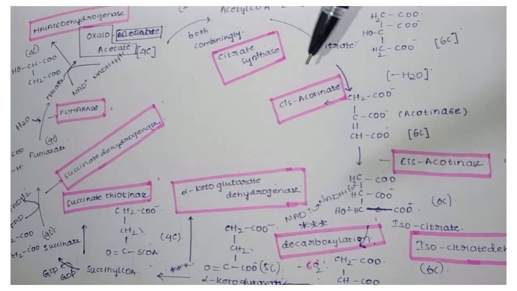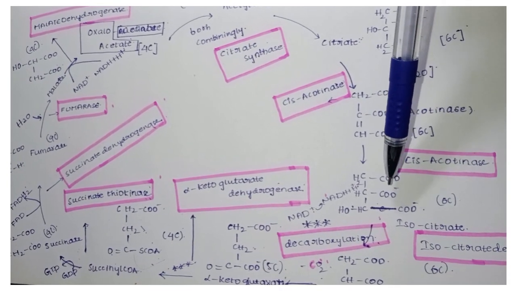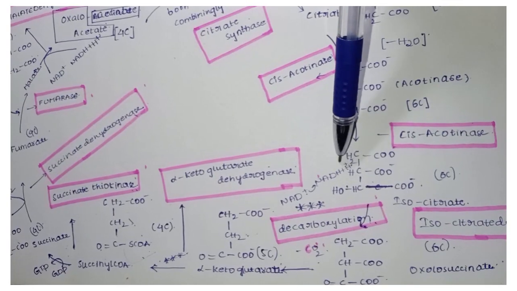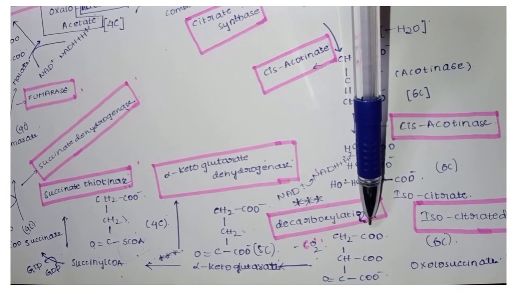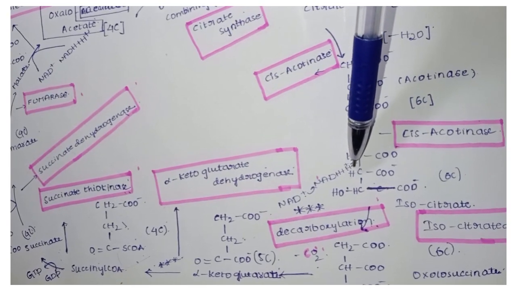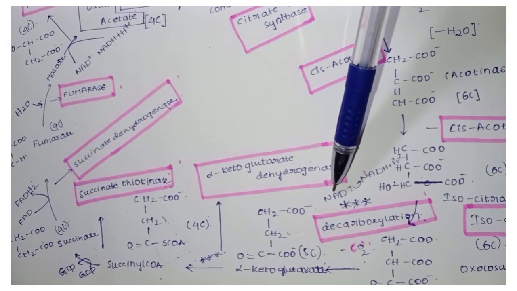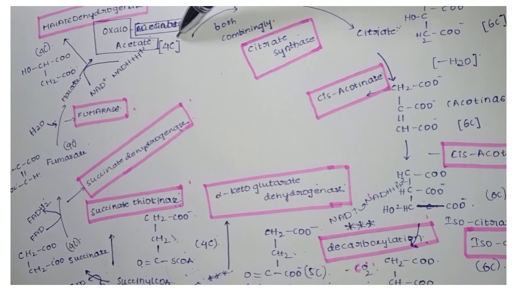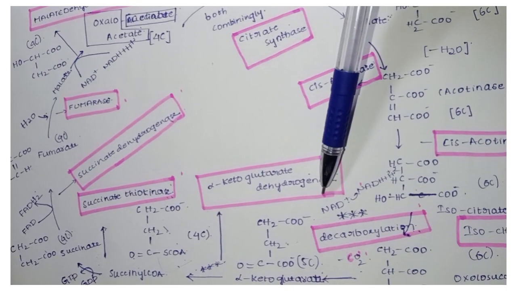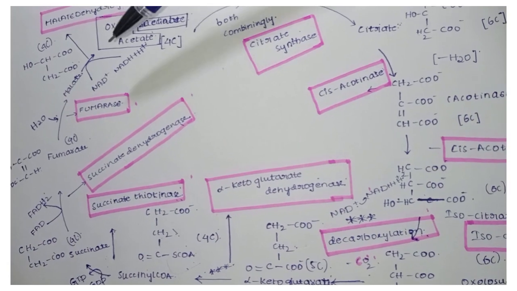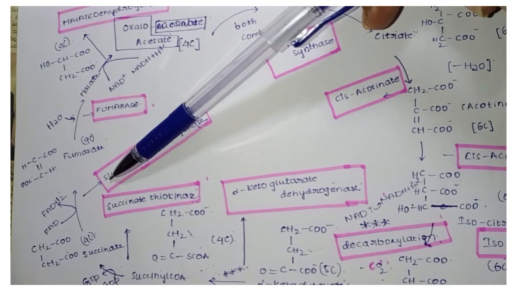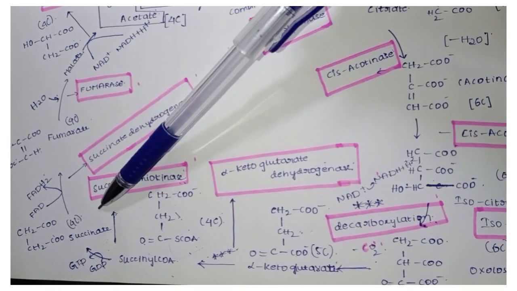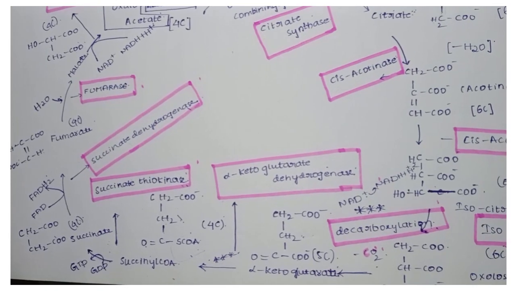This whole process, if you observe, the conversion of isocitrate to alpha ketoglutarate, NAD is going to convert into the NADH plus H plus, and the oxalosuccinate is using again the NAD plus, and the malate is also requiring NAD plus to convert into the oxaloacetate. So isocitrate to alpha ketoglutarate has 2 NAD plus and malate 3 NAD plus, and in between the succinate and the fumarate there is FAD converted to FADH2, and also here succinyl CoA to succinate, that is GDP is converted into GTP, that is nothing but ADP to ATP.